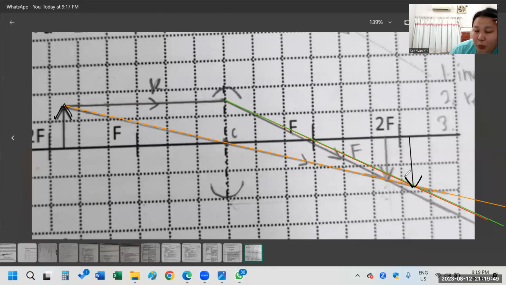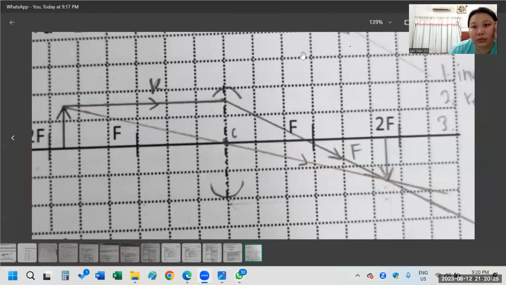So when the light intersects, here is the tip. Now you can compare the size. For every object, I purposely make it 1.5 grid. Now I look at the size. Obviously, it's more than 1.5 already. So this one, the characteristic is called magnified.